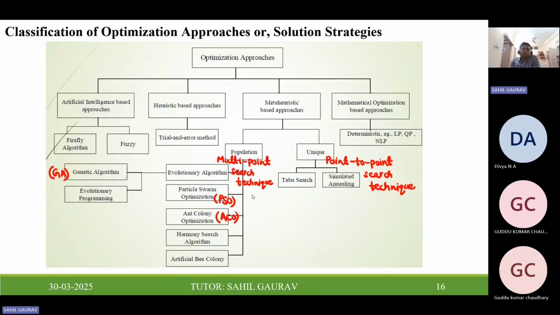In population based meta heuristic approaches, we have evolutionary algorithm, particle swarm optimization, colony optimization, harmony search algorithm, then artificial bee colony. And in evolutionary algorithm, we have two types: genetic algorithm and evolutionary programming.